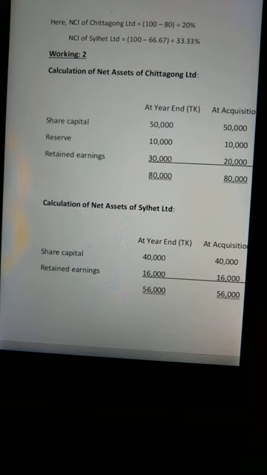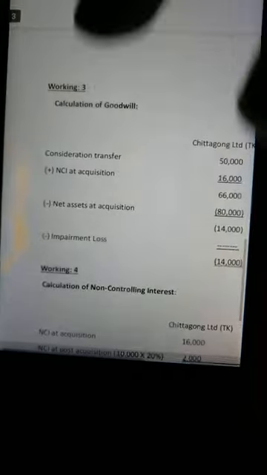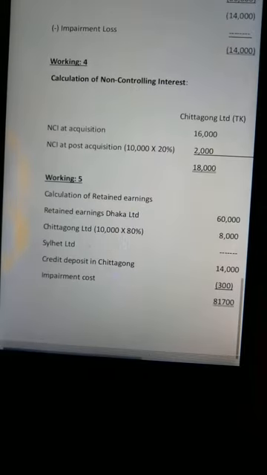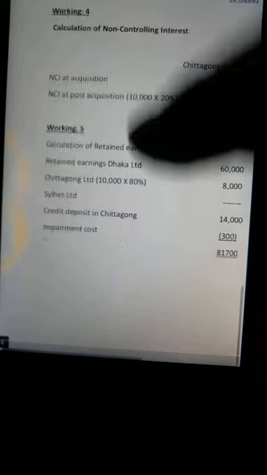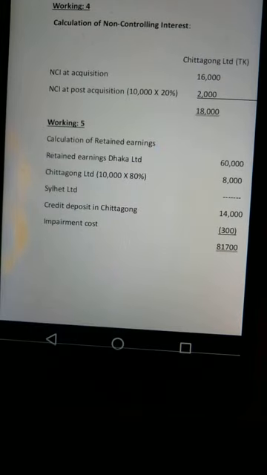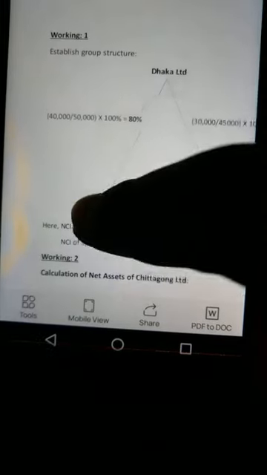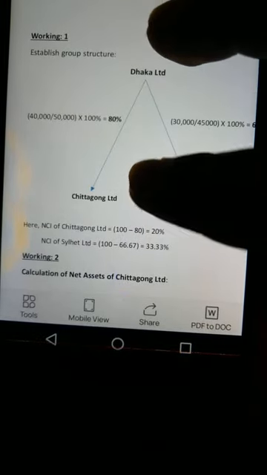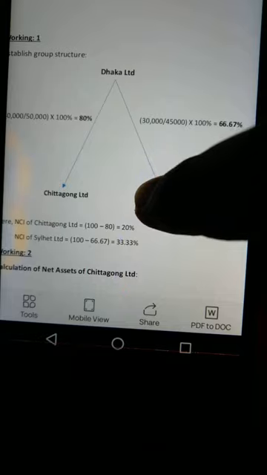We're going to calculate the net assets of both subsidiary companies, Chittagong and Silat. In the third working, we'll calculate the goodwill. In the fourth, we'll calculate the non-controlling interest, and in the end, we'll finish the workings with the calculation of retained earnings. So at first, let's talk about how to compute working number 1.